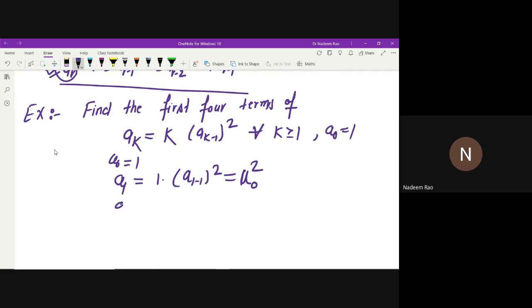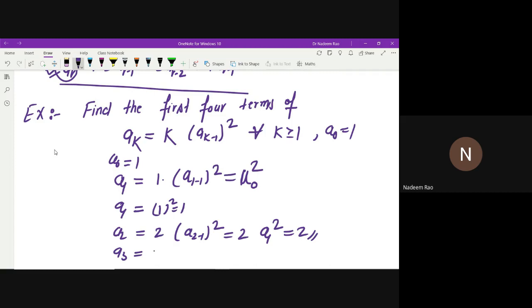What is the value of a naught? That is 1. 1 square equals to 1. And what about a2? a2 is nothing but 2 times a2 minus 1 square, that is 2 into a1 square, that is 2. What about a3?